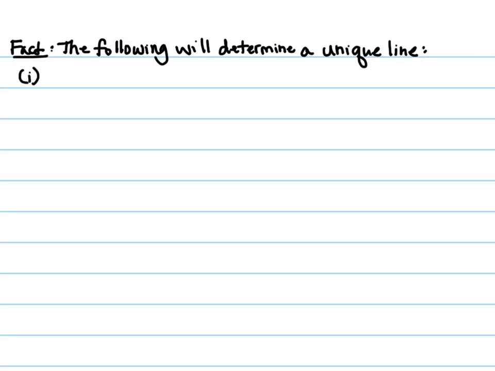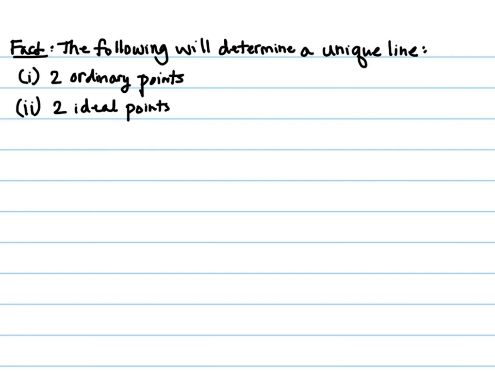First one is obviously two ordinary points. That's the one we've been working with. The second one would be two ideal points. Also what we've been working with. If we have 2 points along the outside of the circle, we can connect them with a line. All right, now one ordinary point and one ideal point.